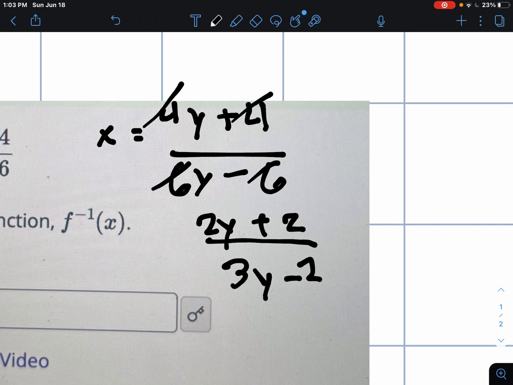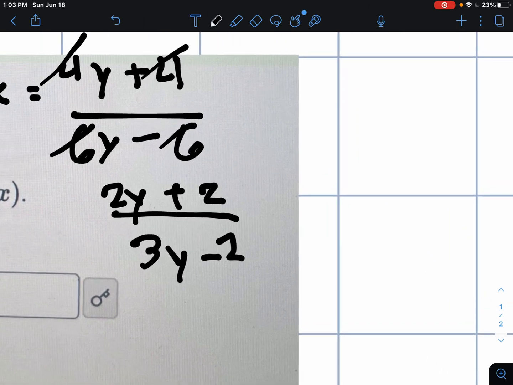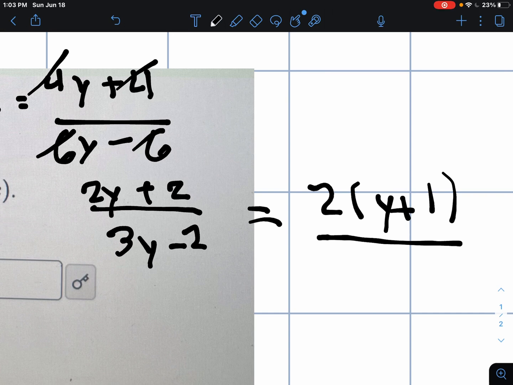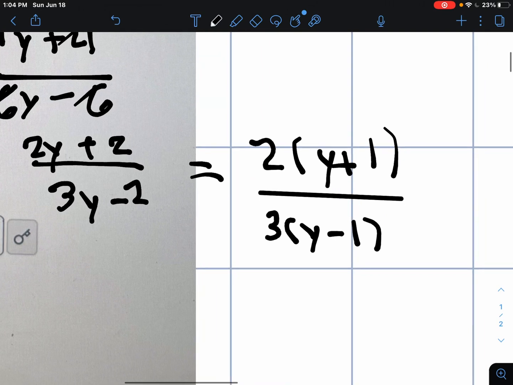Now I'm going to factor the numerator and the denominator: 2 parentheses y plus 1, and 3 parentheses y minus 1. We're basically factoring out 2 and 3.